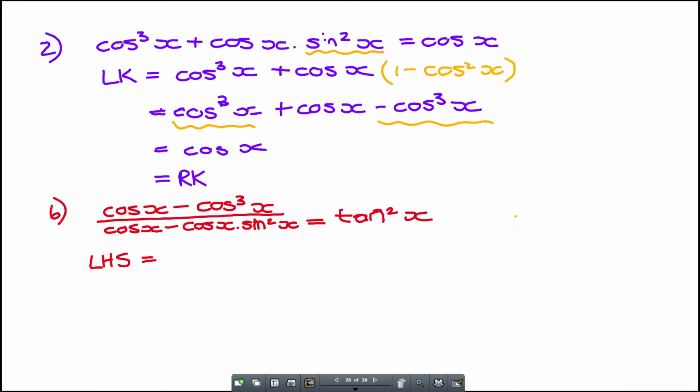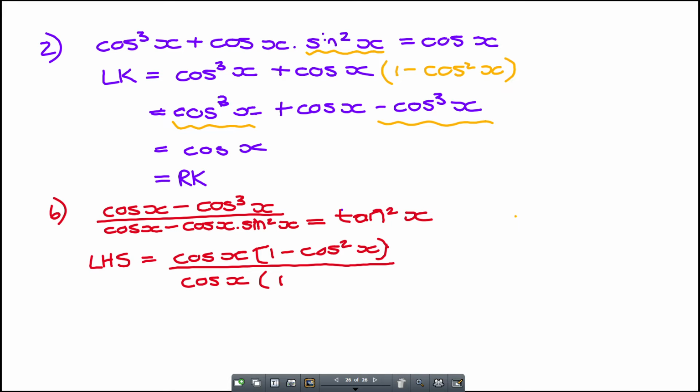Okay, so the left-hand side. If you look up quickly, what could we have done there? Take out a common factor of cos x. Okay, then I have 1 minus cos squared x. At the bottom, I can also take out cos x.